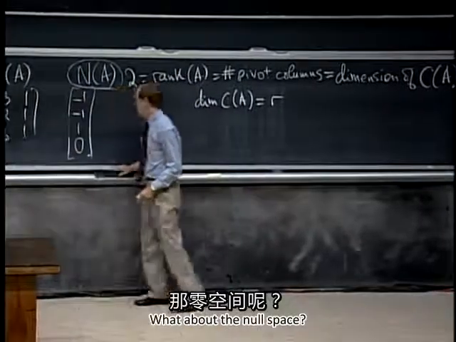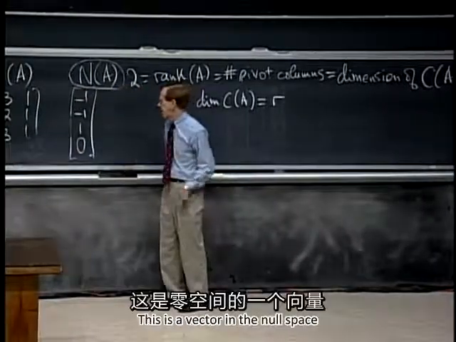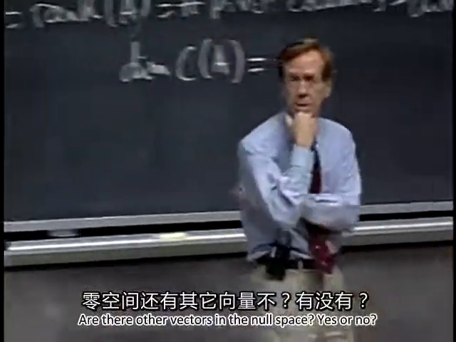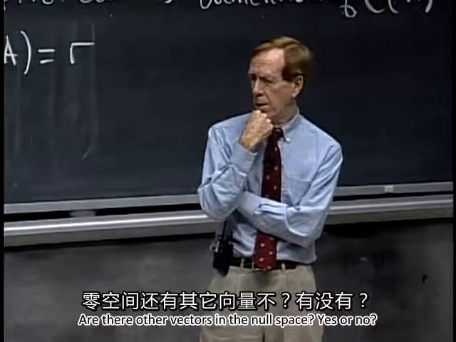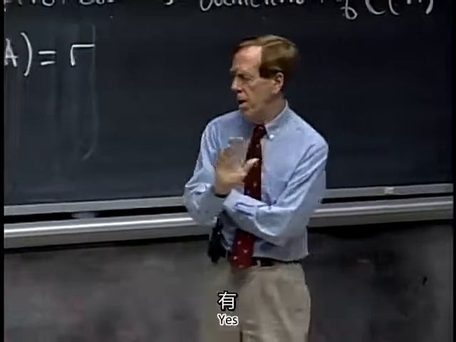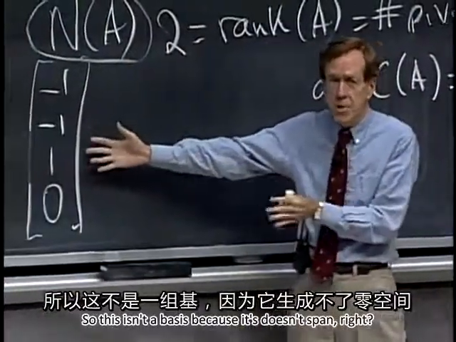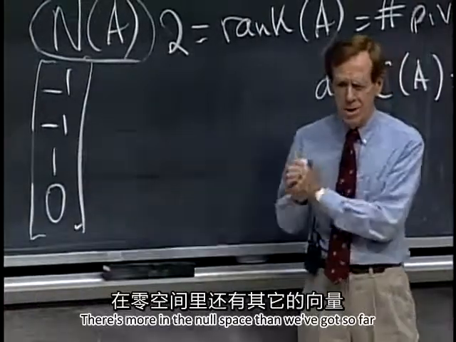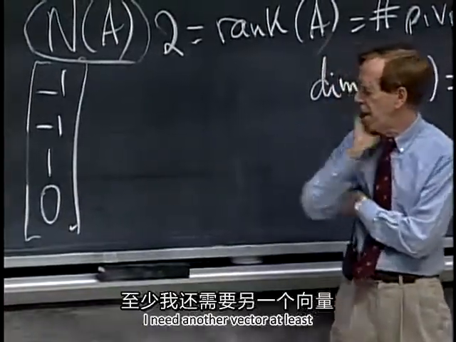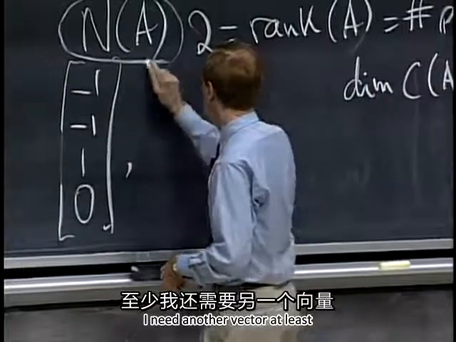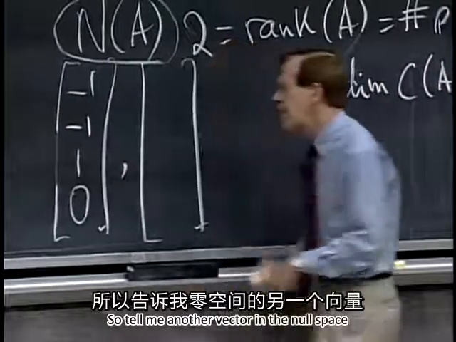What about the null space? This is a vector in the null space. Are there other vectors in the null space? Yes or no? Yes. So this isn't a basis because it doesn't span, right? There's more in the null space than we've got so far. I need another vector at least. So tell me another vector in the null space.